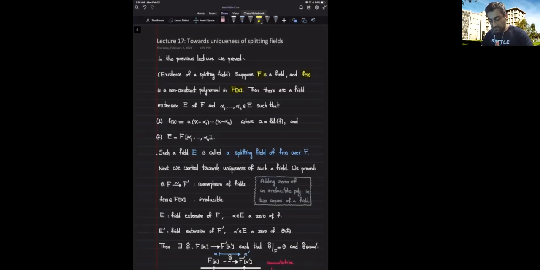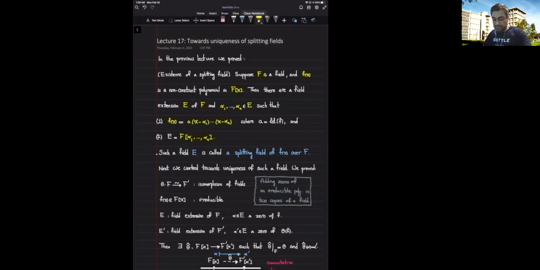So field E is called a splitting field of the polynomial f over the base field capital F if E over F is a field extension of F, and the polynomial small f can be written as its leading coefficient times the product of these degree 1 factors, (x minus alpha 1) through (x minus alpha n), where the alpha i's belong to this field extension, and moreover, the field extension is generated by the field F and these alpha i's as a ring.